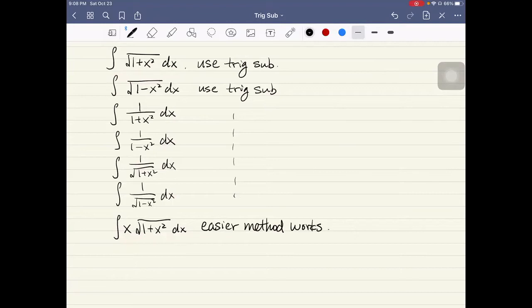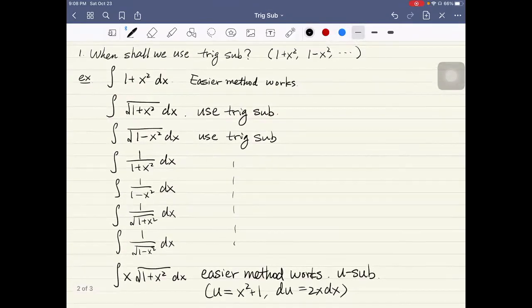In particular, we can use the U substitution, where u is equal to x squared plus 1, so du is equal to 2x dx. Okay, that will simplify our life a lot. So this is our answer for when shall we use trig sub.